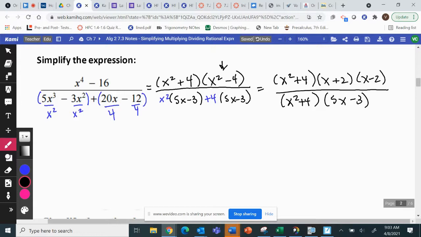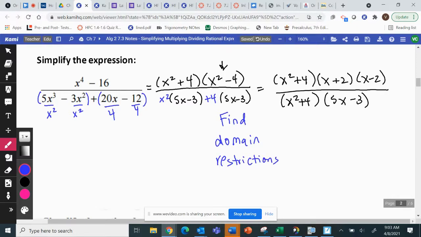Okay. Now, after I factored it, what we want to do, and this is the new thing, is we're going to find domain restrictions.